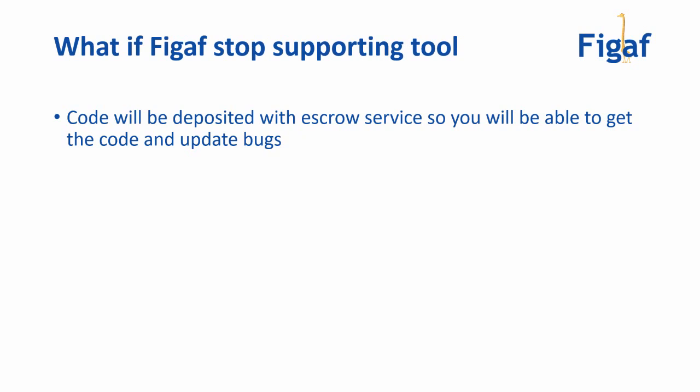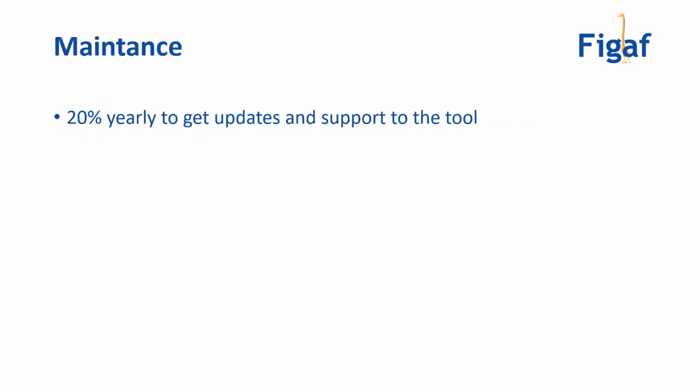So if Figaf stopped being a company and is bankrupt, you would be able to get the code from this repository and maintain it yourself or find another supplier for it. There's a 20% maintenance fee on updates and support for the tool. So included in the price is the first year's maintenance, and after that you have to pay 20% of the maintenance fee.